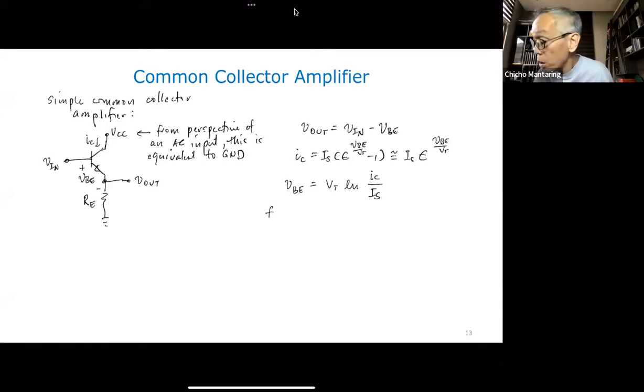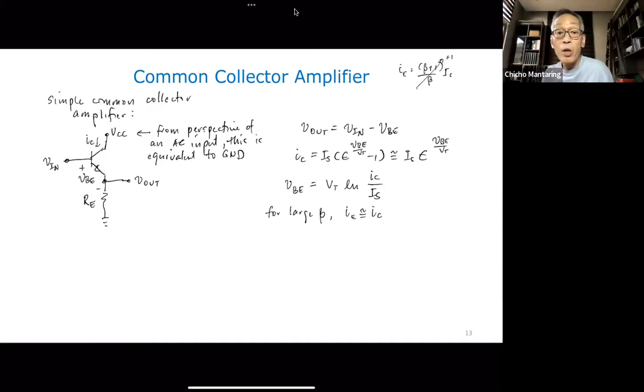Now for large beta, you have I sub E approximately equal to I sub C. If you will recall, I sub E is equal to beta plus 1 over beta times I sub C. And if beta is large, this factor is approximately equal to 1.